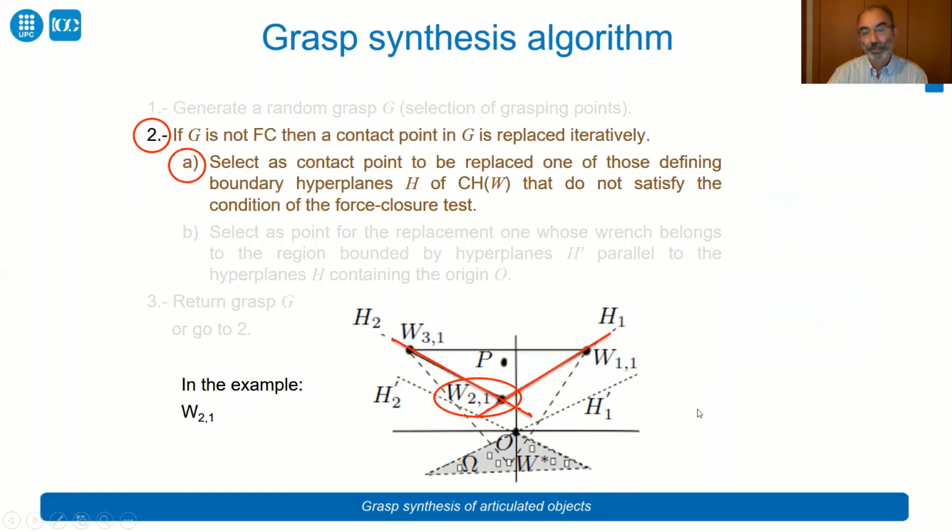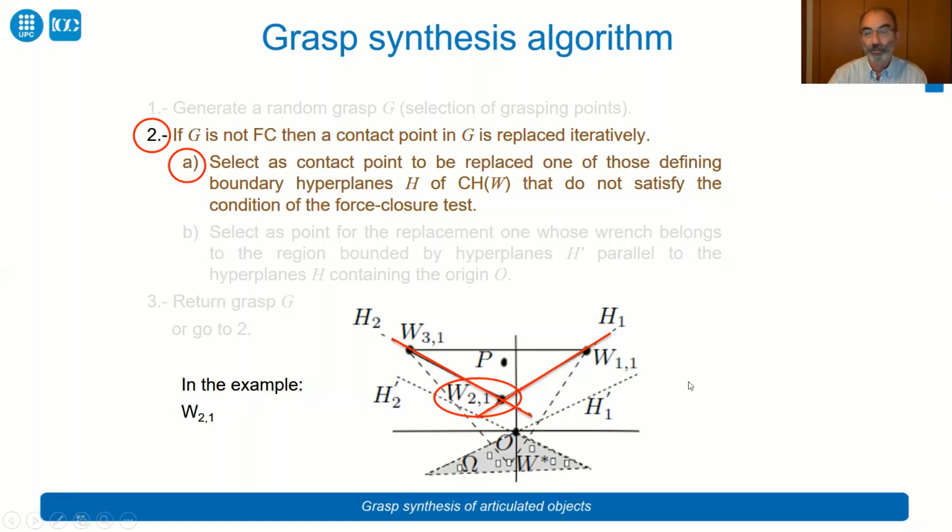Second step is that if it is not a force closure grasp, then we select a contact to be removed. And this is done by selecting a range in the range space that belongs to edges or hyperplanes of the convex hull that do not satisfy the force closure condition. This is, that the origin of the range space is on the opposite side of this hyperplane with respect to the position of the convex hull.